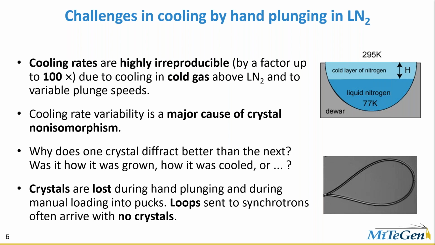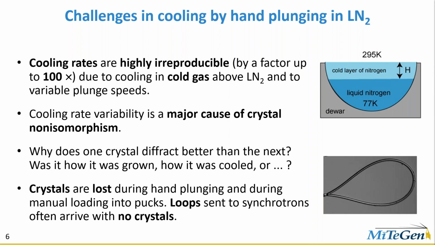Another major challenge is that cooling rates in hand plunging are highly irreproducible. Above the liquid nitrogen in your dewars is a layer of cold nitrogen gas, and for protein crystal size samples, a lot of the cooling occurs in that cold gas layer.